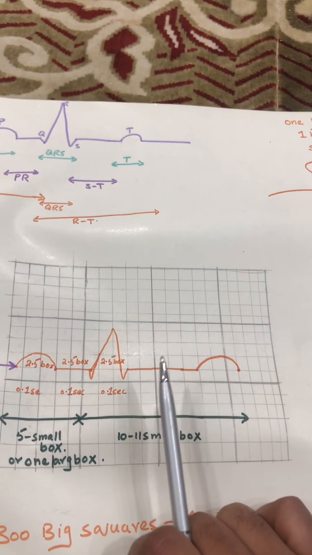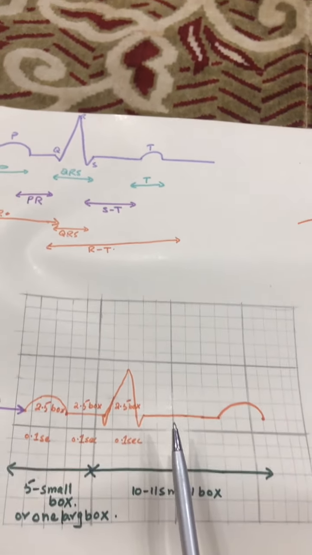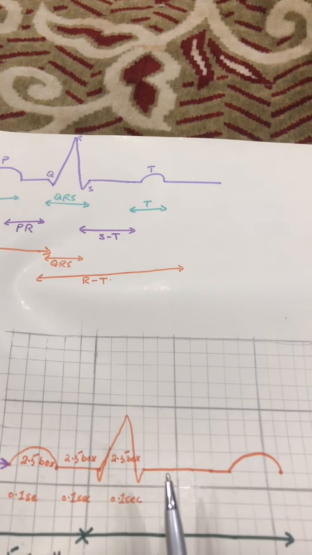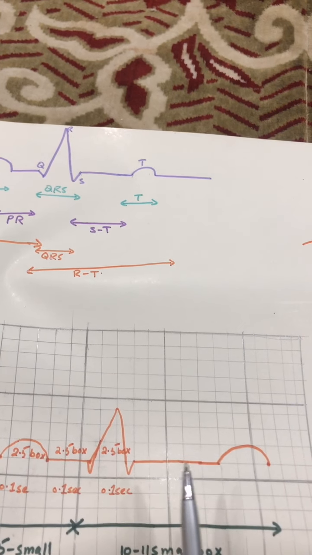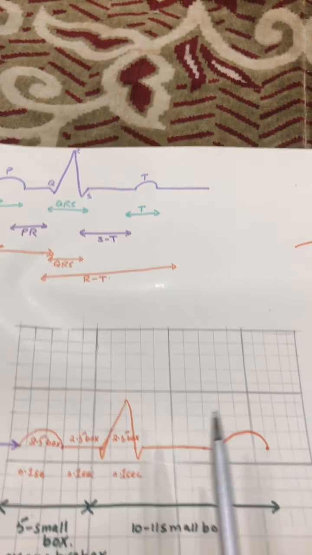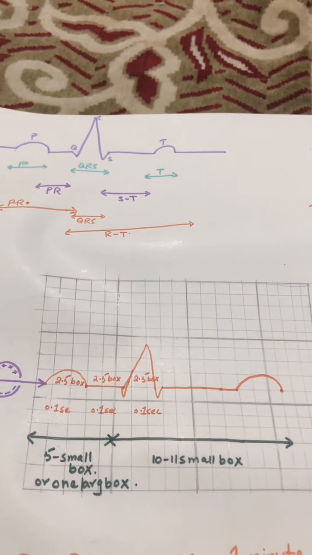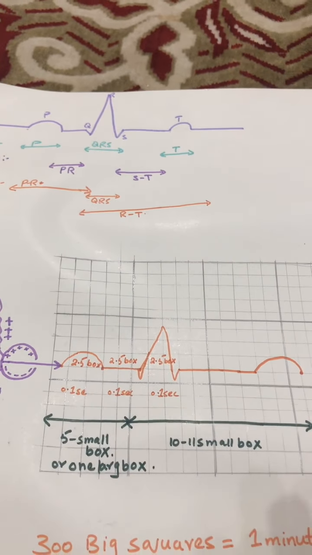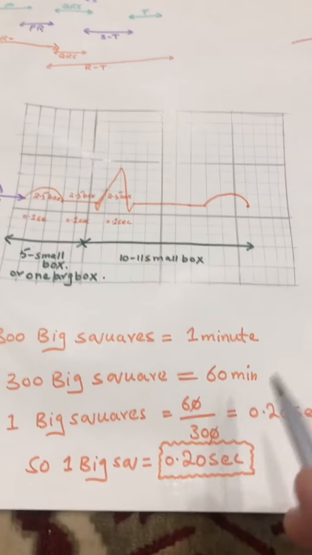But sorry for this drawing, because this line is too much longer. It's actually 2.5 small boxes.